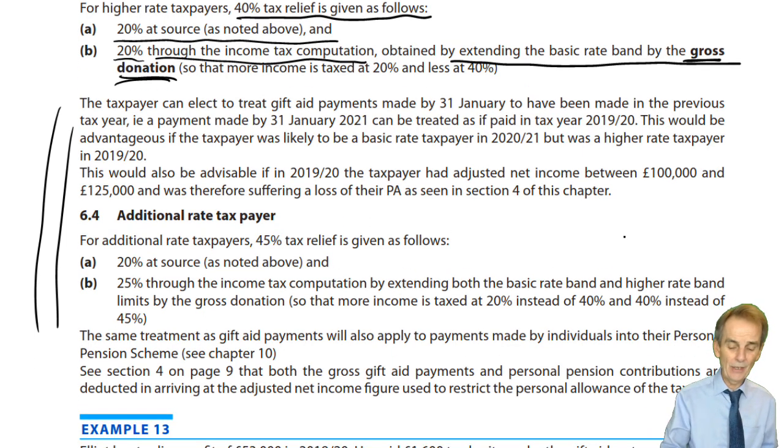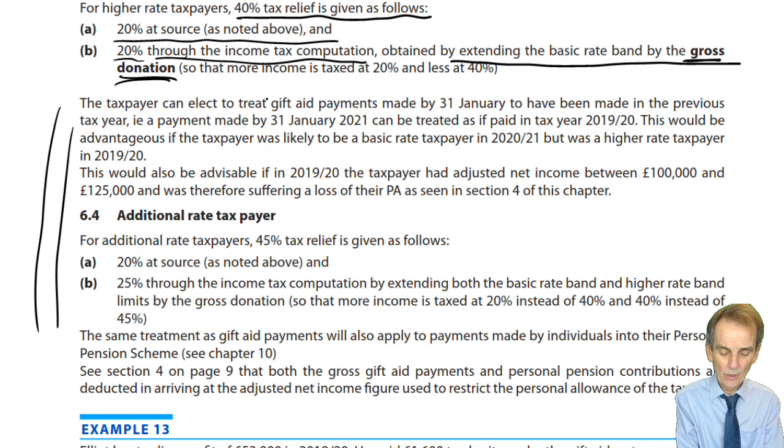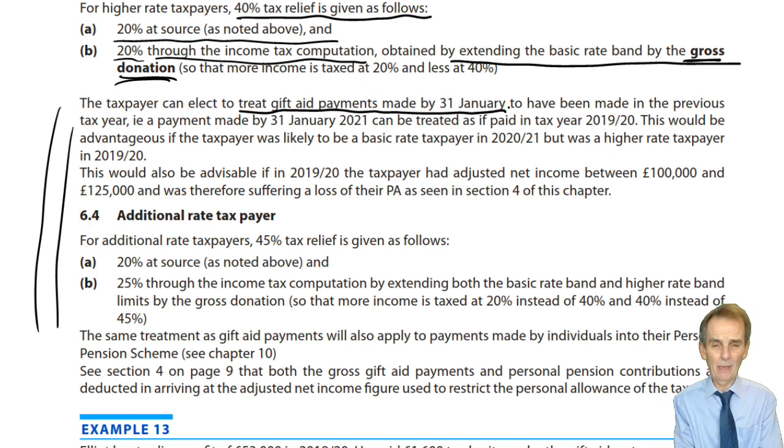Again, one other little thing in here is just a little planning issue, and that is about when you actually make those payments. What you're able to do is to elect to treat any gift aid payments, and this is purely gift aid payments, not relevant to pension contributions, any gift aid payments made by the 31st of January within a tax year to have been made in the previous tax year.